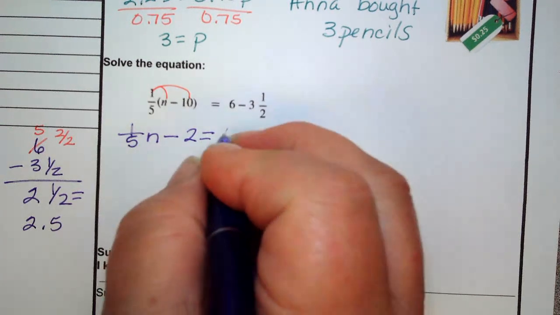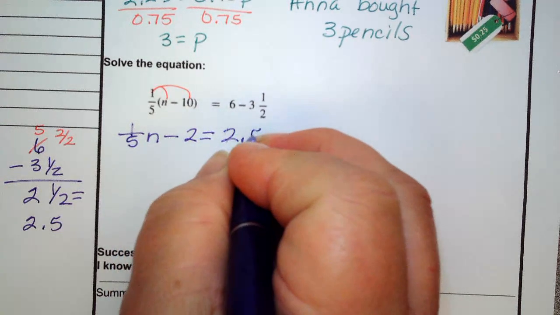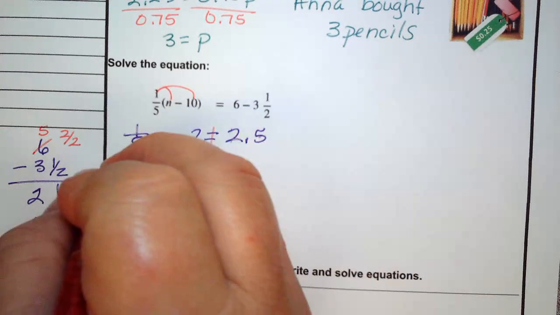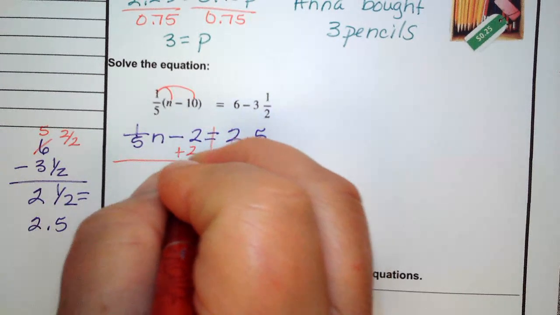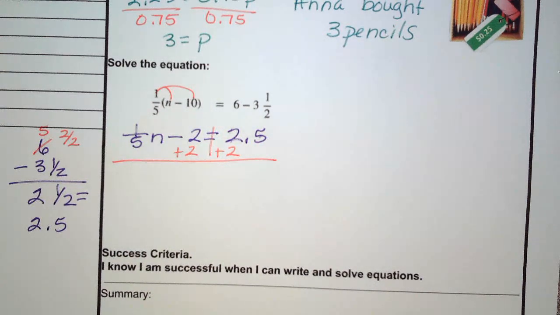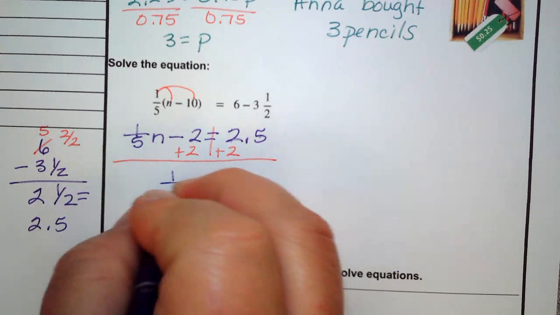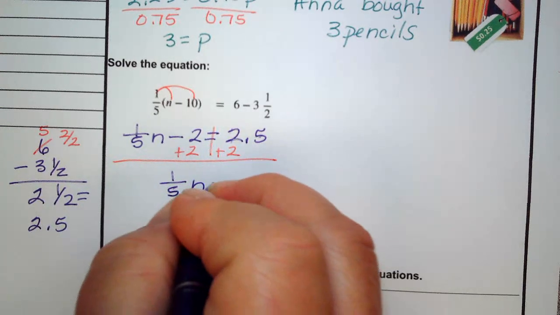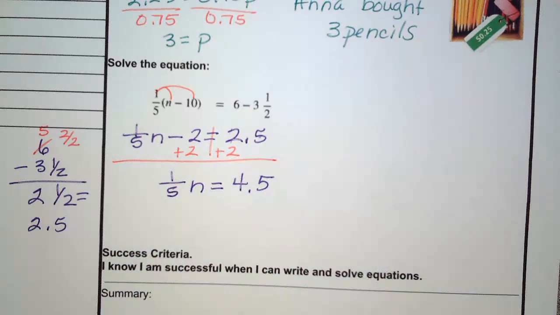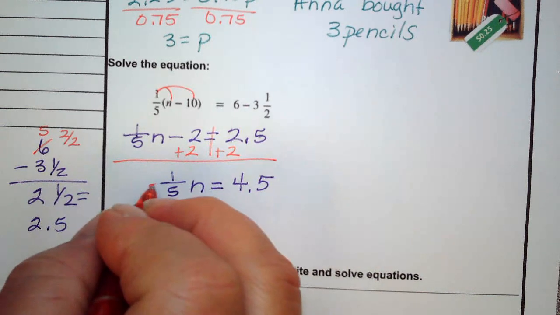So add 2 to both sides. One-fifth n is equal to 4.5. Now, multiply by 5 to get rid of your fractional coefficient.